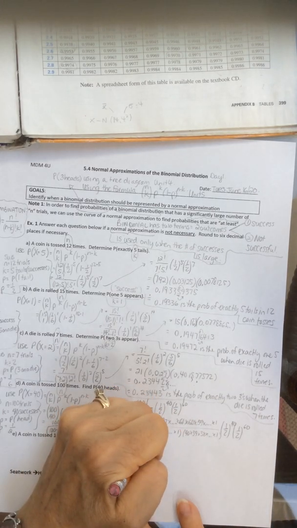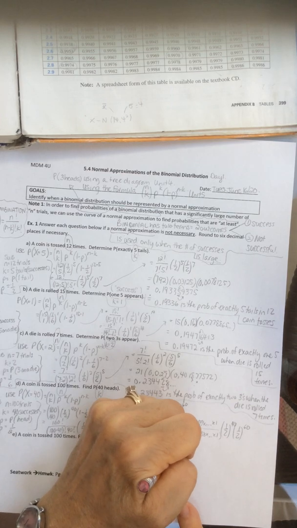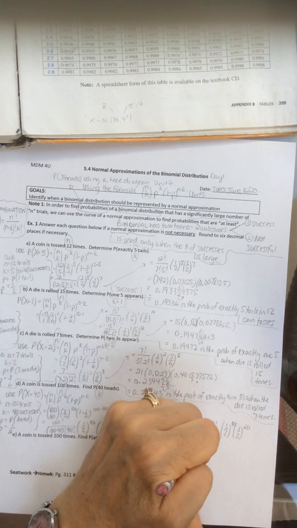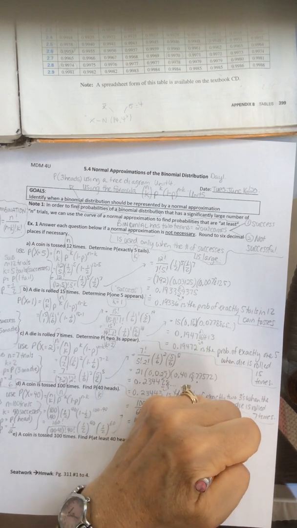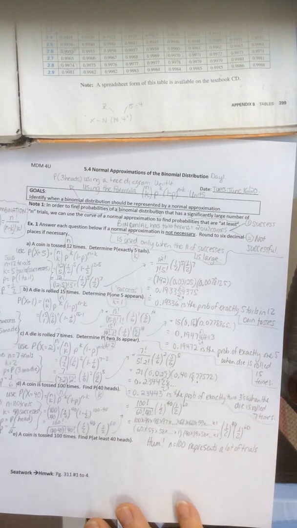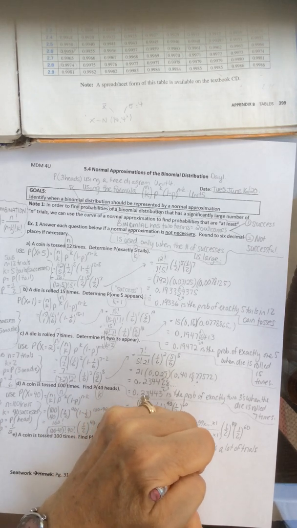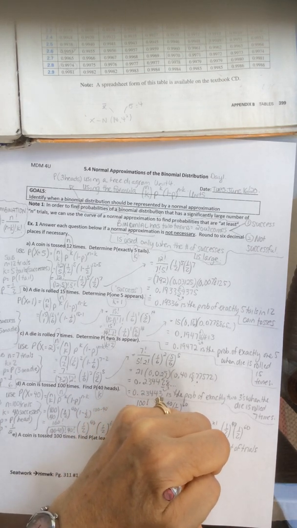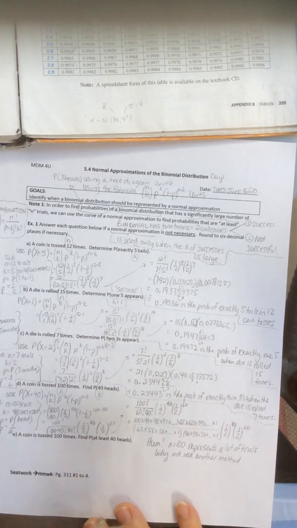We'd say, okay, n equals 100 represents a lot of trials, right? Why not use another method? Question.